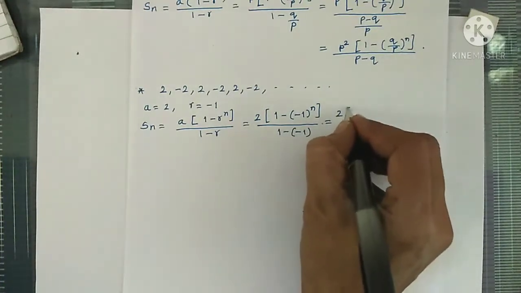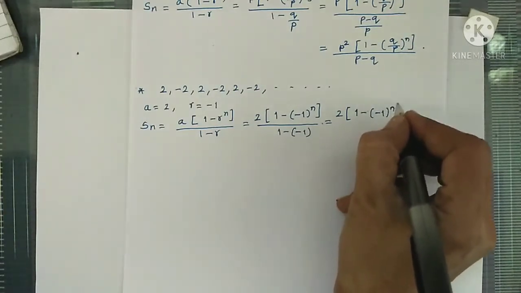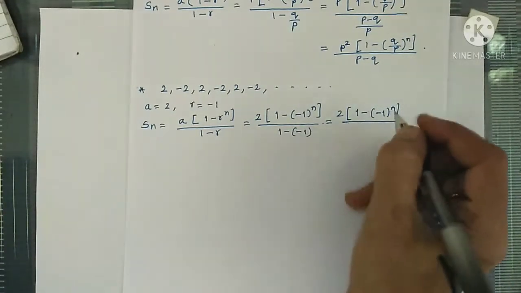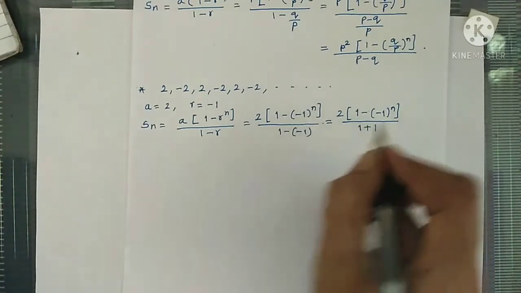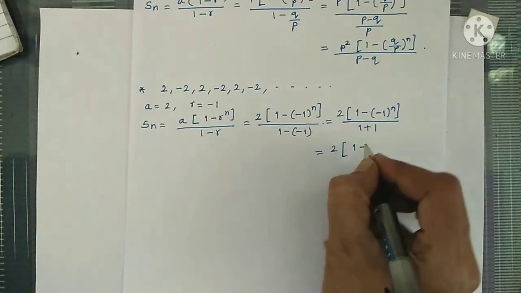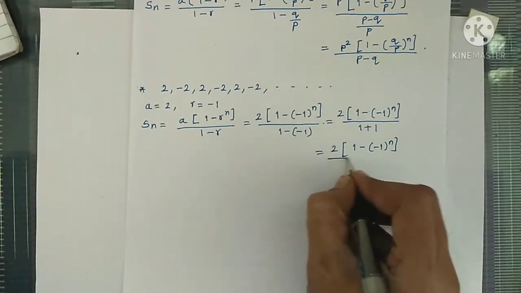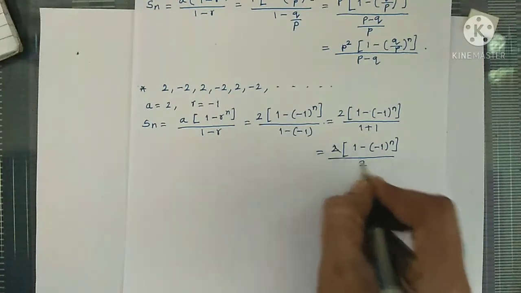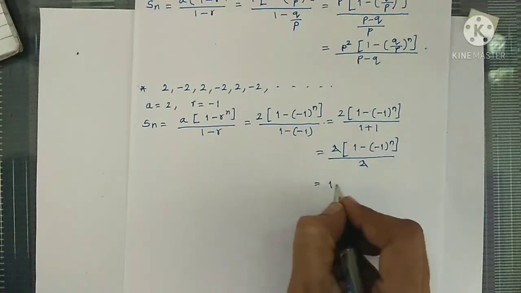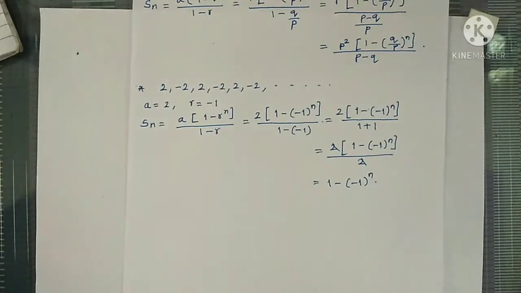So that is 2 into (1 minus (minus 1) raised to n). Now this is 1 minus minus, plus 1. So that is 2 into (1 minus (minus 1) raised to n) upon 1 plus 1, that is 2. This 2 gets cancelled. So this is 1 minus (minus 1) raised to n.